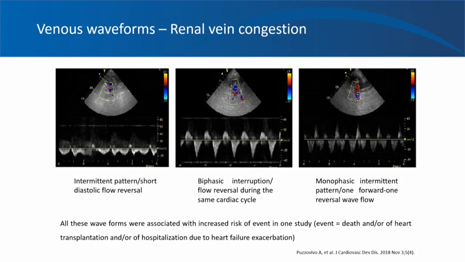And all these waveforms were associated with increased risk of events in one study. Events meaning death, heart transplantation, or hospitalization due to heart failure exacerbation. So you just need to be aware that continuous is good, and if you see some of the discontinuous patterns, it might not be a good waveform in terms of congestion.